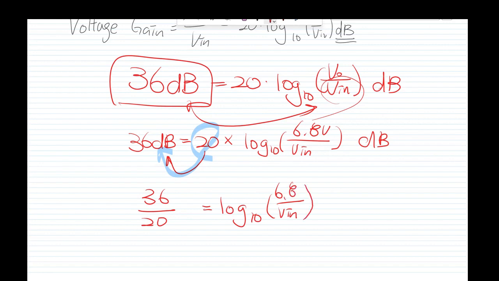What is 36 divided by 20? A little less than 2. Maybe 1.8. Yeah, 1.8. So now that is the kind of a trick. So 6.8 over V sub in is 10 to the 1.8.